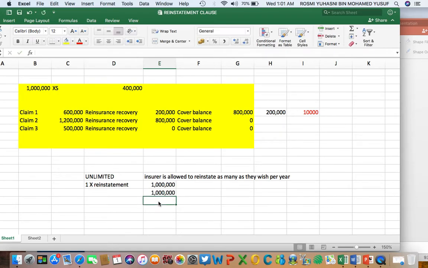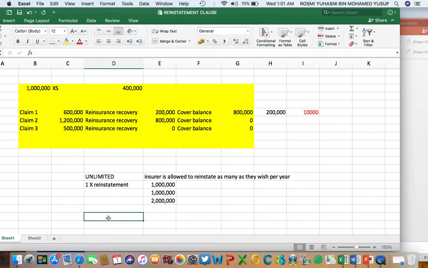So the total cover that they will have for that year will be 2 million. Why 2 million? The original cover plus the one-time reinstatement of 1 million. So the total cover available for that year is 2 million.